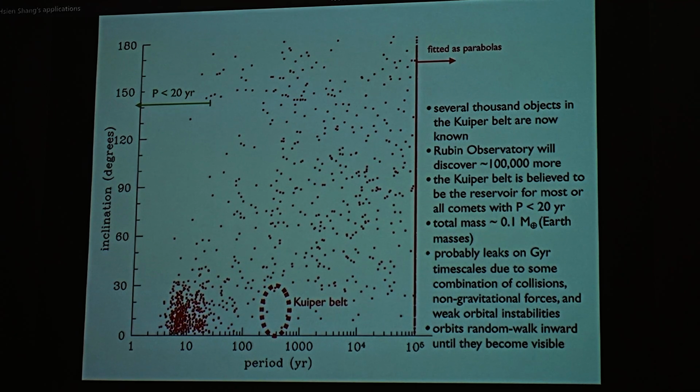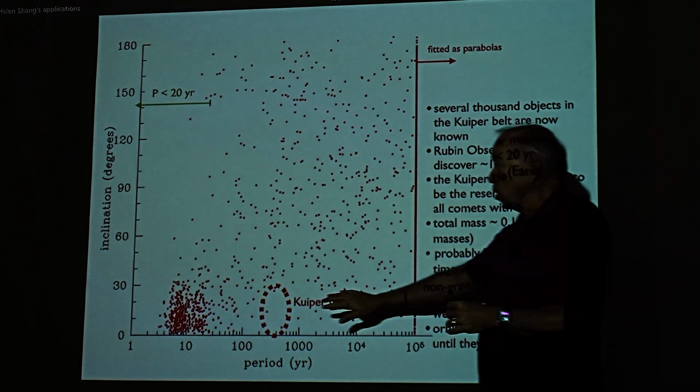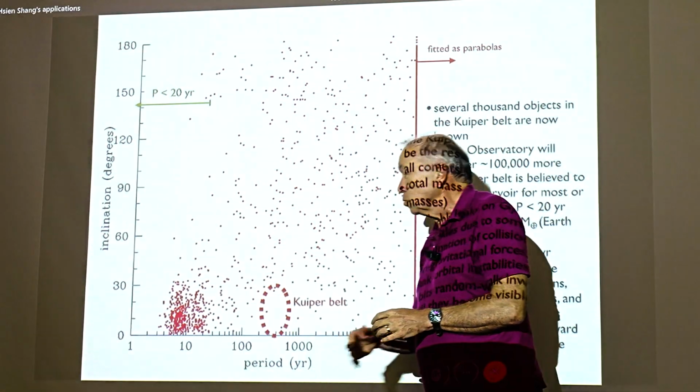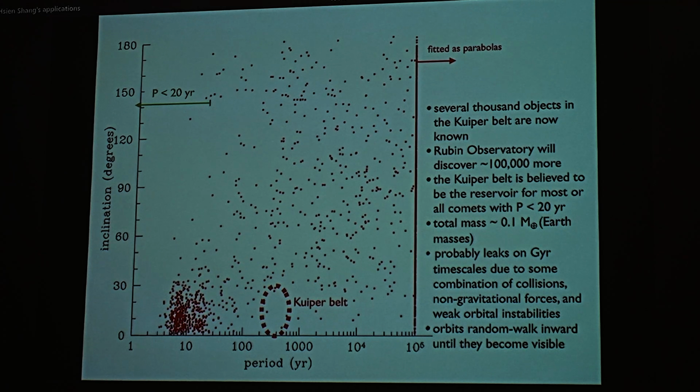The total mass of the Kuiper Belt is about 1/10 of an Earth mass. So this reservoir has to be somewhat leaky to produce the comets that we see, and we believe that it leaks as a combination of collisions between comets which change the orbits, non-gravitational forces on the comets, and weak orbital instabilities caused by the interactions with the planets.